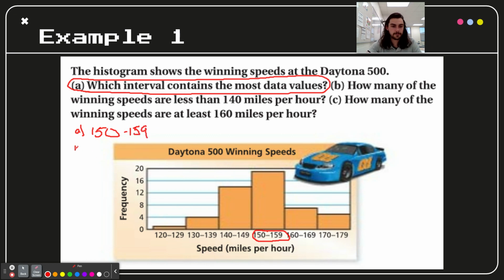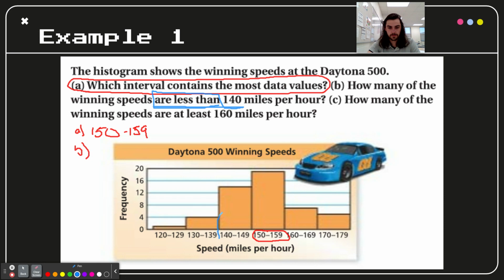Part B asks us about the winning speeds. How many winning speeds are less than, keyword, less than 140 miles per hour? So we're going to look at any number that is less than, not including 140, but less than 140.